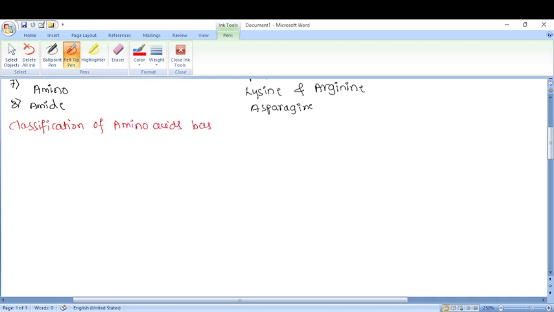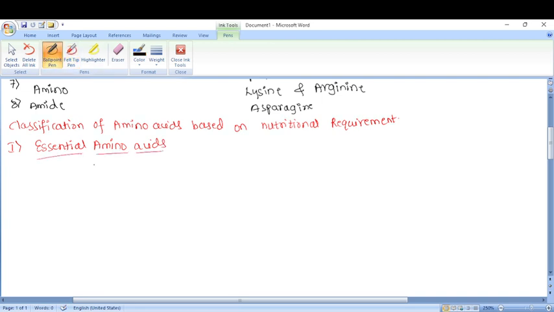And this first type is essential amino acids. We'll see what are these essential amino acids.